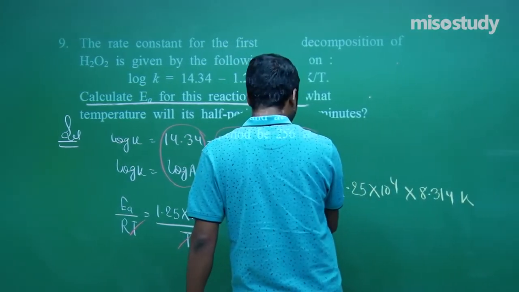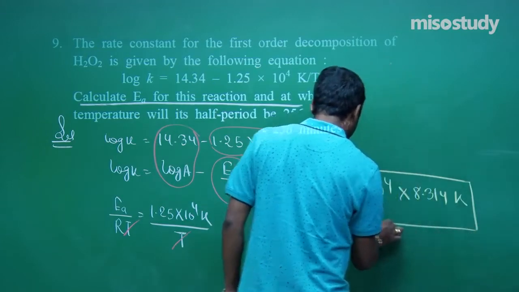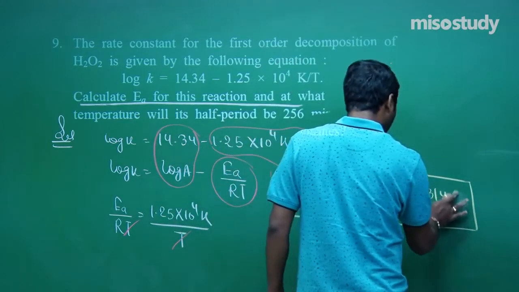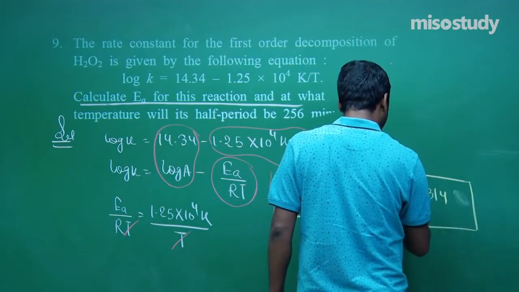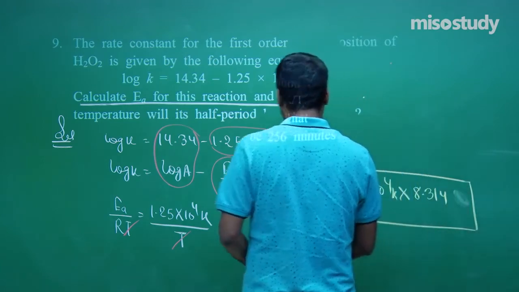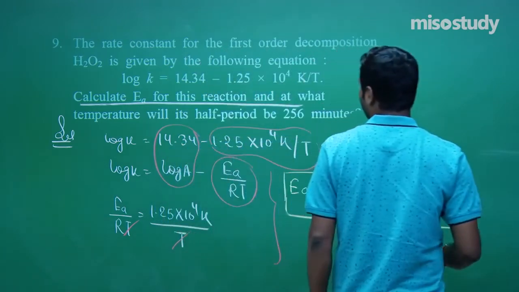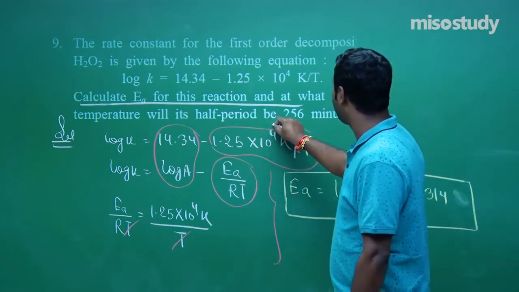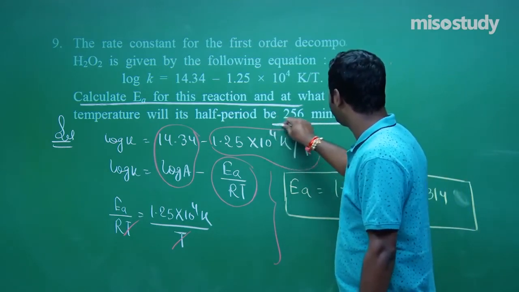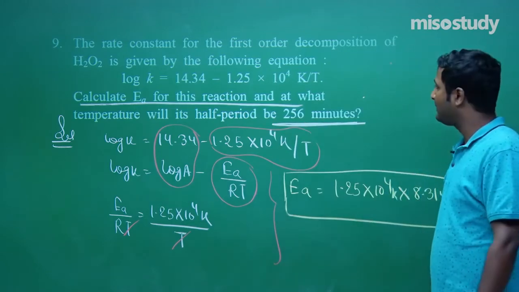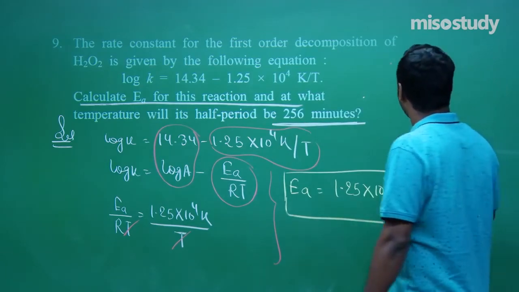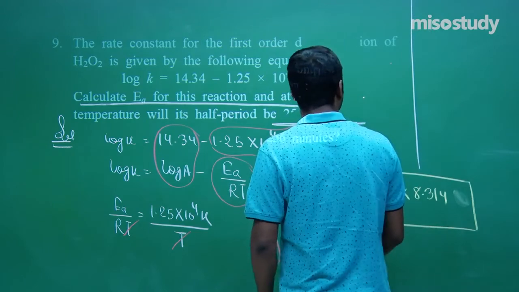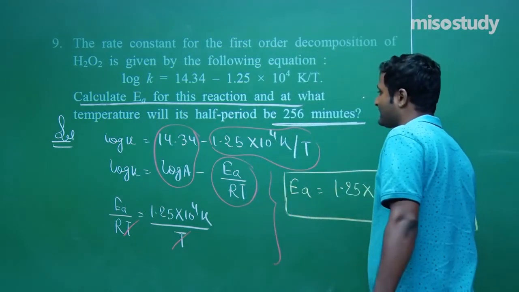If I solve this data, then definitely you will get the answer, my friend. That is the EA. Now the question arises here: at what temperature will its half-life period be 256 minutes? Again I am repeating, at what temperature will its half-life period be 256 minutes.